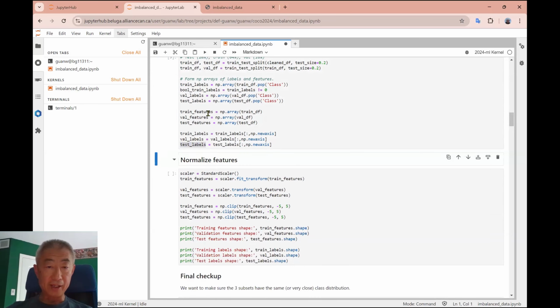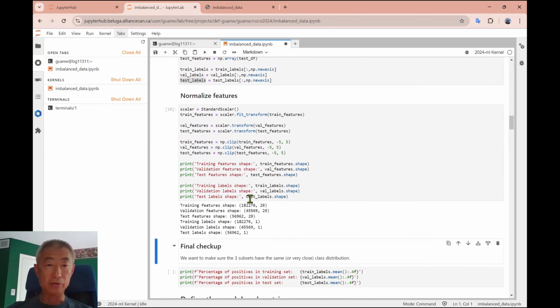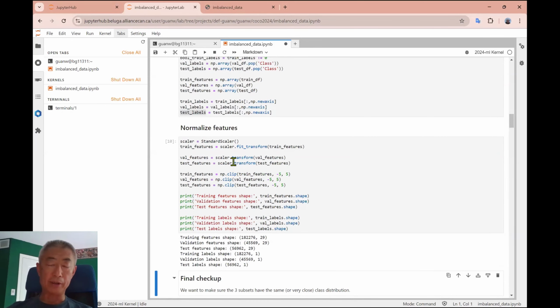After that, I'm going to do so-called scaling. It's a way to normalize those features. Up to now, because I discarded the time feature, I have 29 features left.